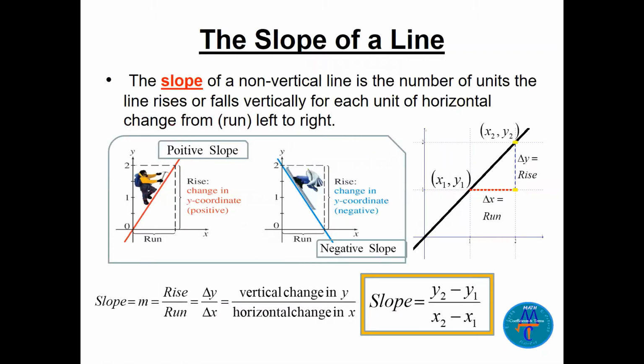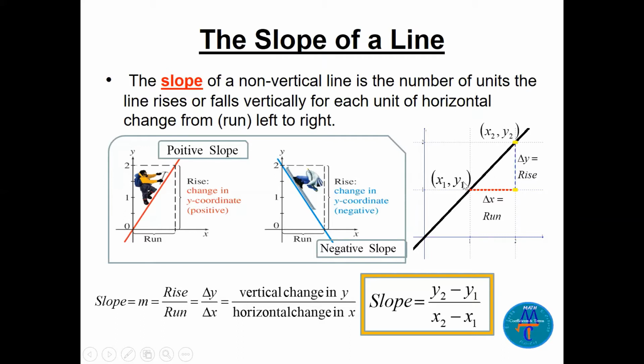Now, let's see what is a slope. The slope is the number of units the line rises or falls vertically for each unit of horizontal change. So it is a number which can be positive or negative. It is the rise over the run. This is the rise here, the change in the y, delta y we can say, vertical change in the y, or the easiest way to say y2 minus y1 in case we have 2 points on the same line.